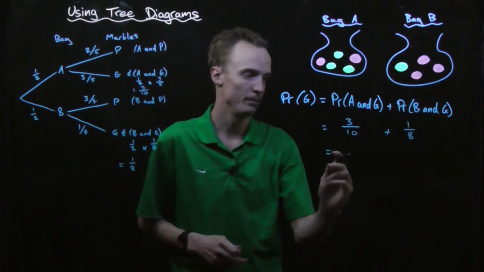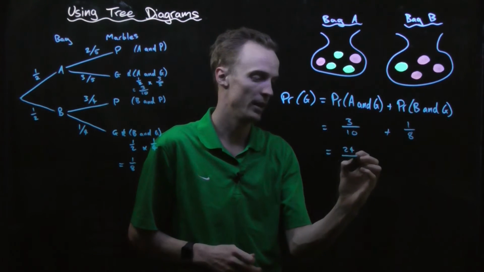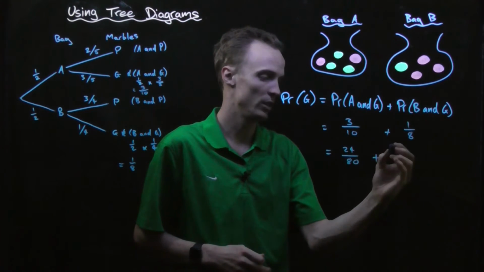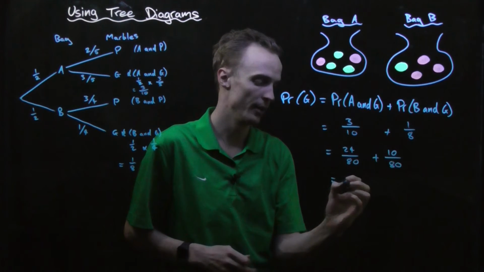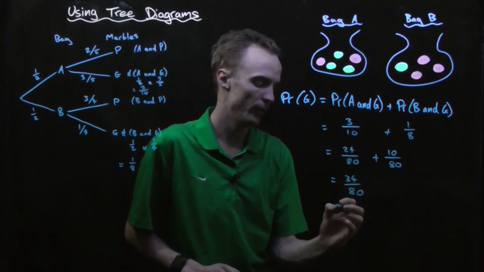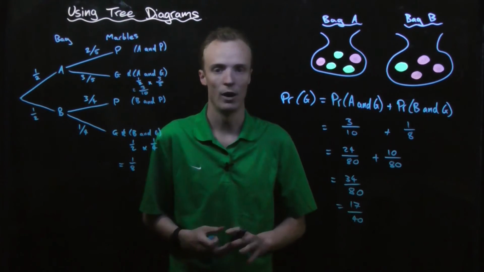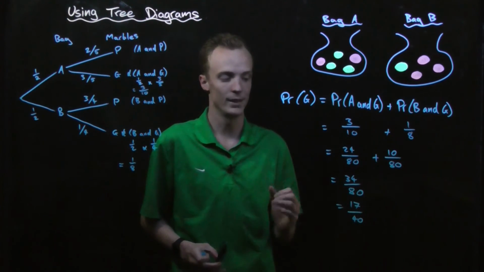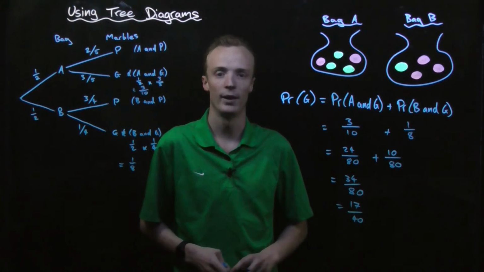Now to add these together, we need to multiply this side by the 8, so that'll be a 24 in 80, and multiply this side by the 10, which is a 10 in 80. So when we add these together, it will be a 34 in 80, which simplifies down to a 17 in 40 chance. So our probability of getting a green overall from the start is a 17 in 40 chance, which is just under 50%.